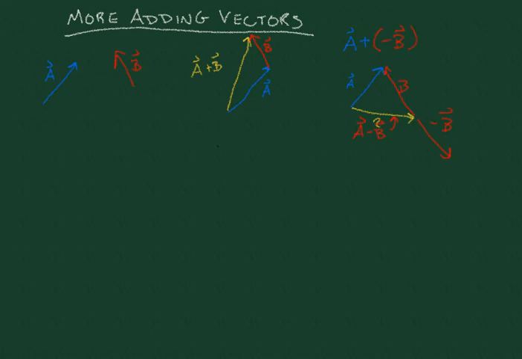So I hope that makes things a little bit more clear. Remember, if you start at the tip and go to the back, then you have the negative of this vector. Whereas if you're going from the back to the front, then you have the positive.